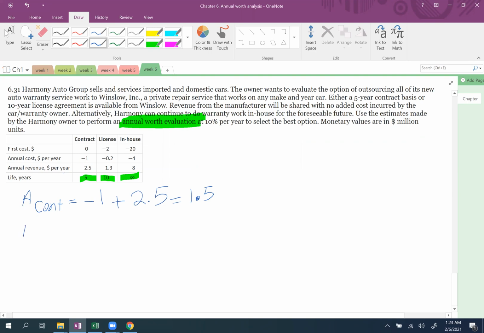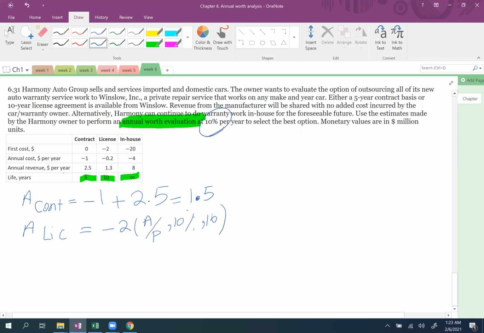Then I have to calculate the annual worth of the license option. For the license option, it seems that I have the cost of $2 million that I need to shift to A for the period of 10 years. I want to find A for that given P, 10% and 10. Interest rate was 10%.